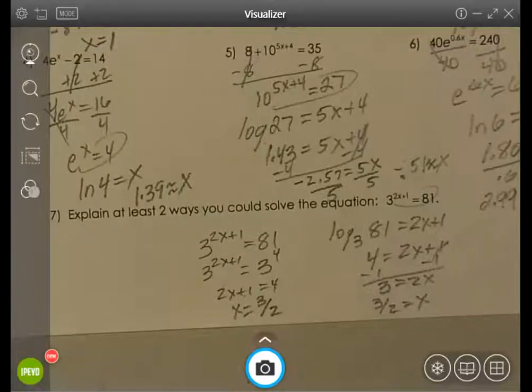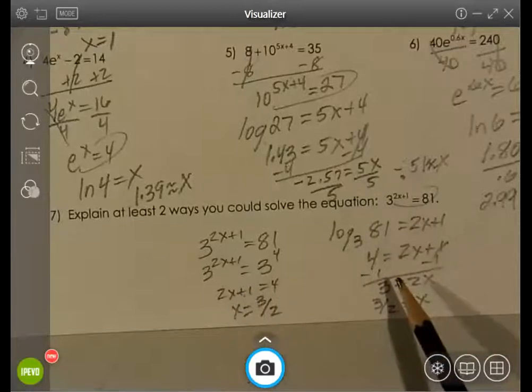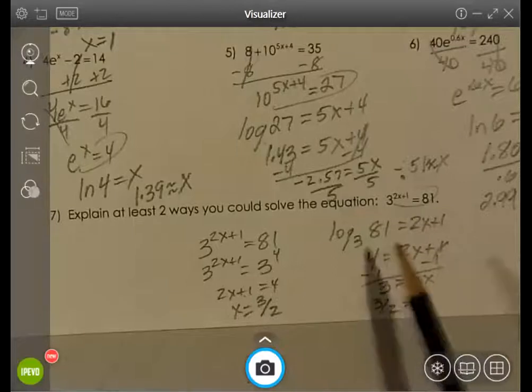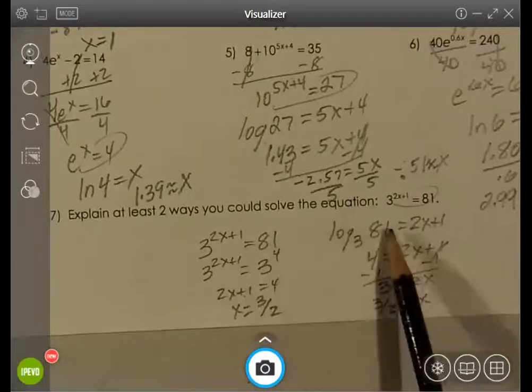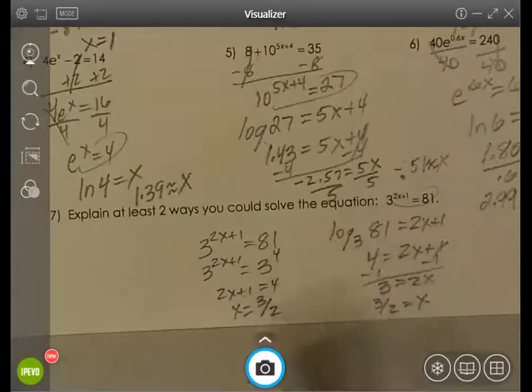You can either get your bases the same when possible. That's probably my favorite. You can use logarithms when you can't get the bases the same. But as long as you're following the rules correctly, it really won't matter which method you use. This method should always work. This method can work if the bases can match.